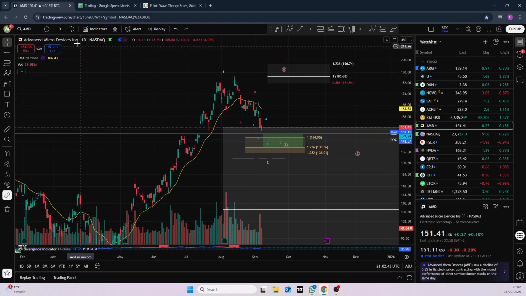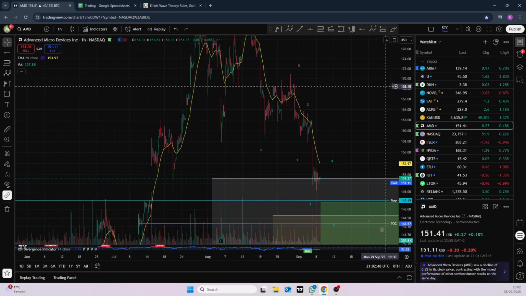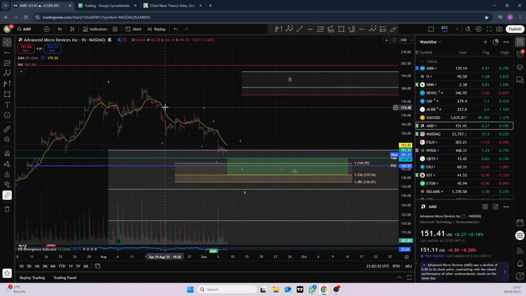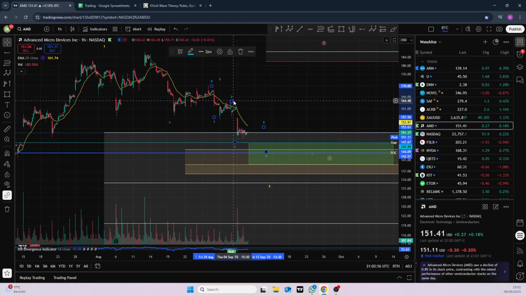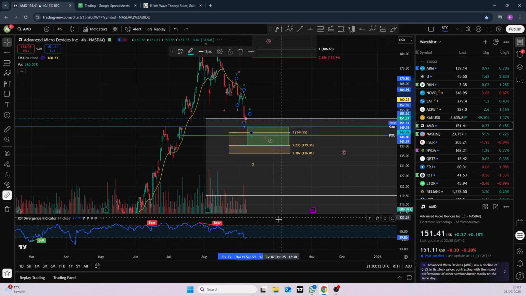Then if I zoom in, wave C should have 5 waves, which I can't count yet. We might be working on an internal fourth now, and we will get one more dip, maybe, because the 4-hour RSI is pretty oversold.